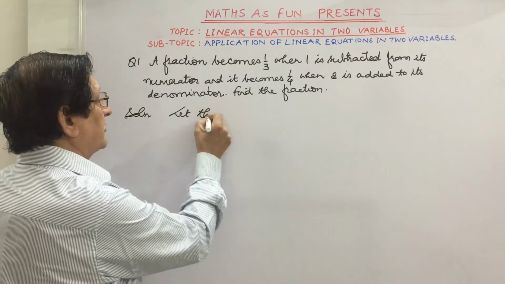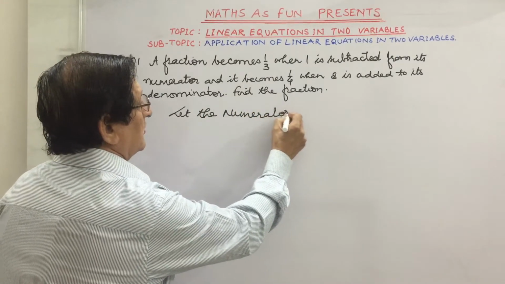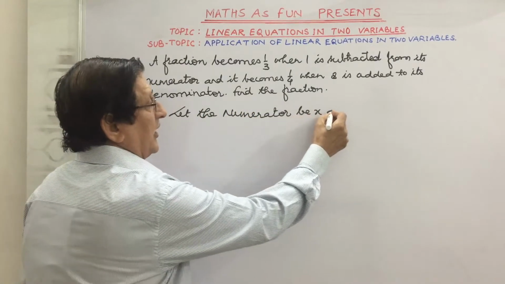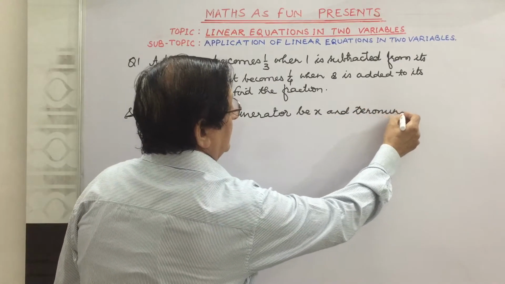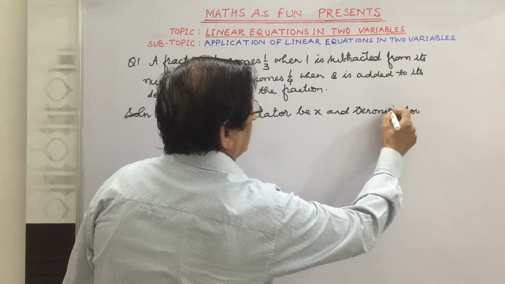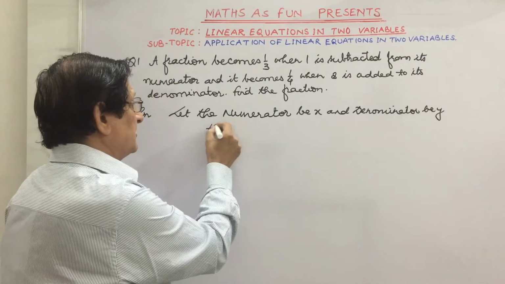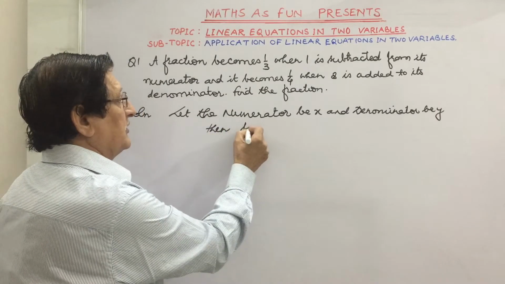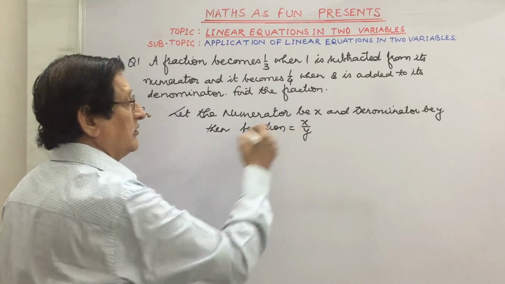Let the numerator be x and denominator be y. Then the fraction is x upon y.